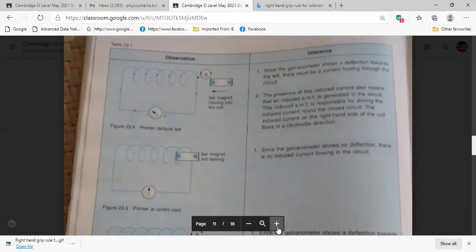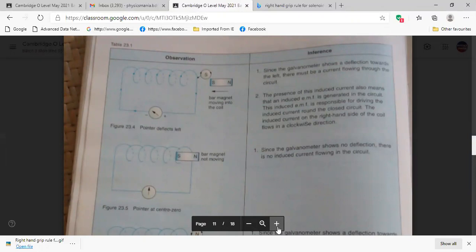And because of this current, the right hand grip rule for solenoid applies. Look at this diagram here: the way the current is going makes the coil magnetized, right?